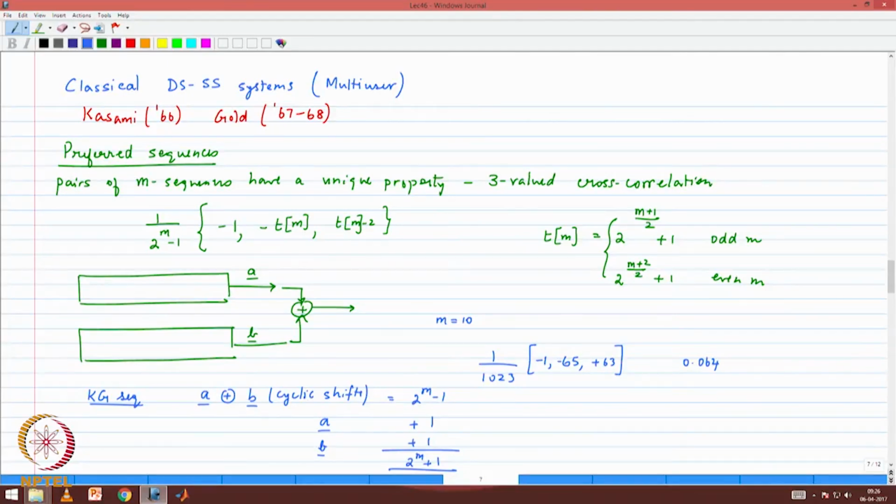So two things that I would just like to quickly work with you. One is, first of all, the property. Why is it that if I have just two sequences and then I do cyclic shifts, how is the property preserved? Okay, let's do that, because once you do that, then you appreciate the rest. So let us take any two sequences from the Gold Kasami set or Kasami Gold set.